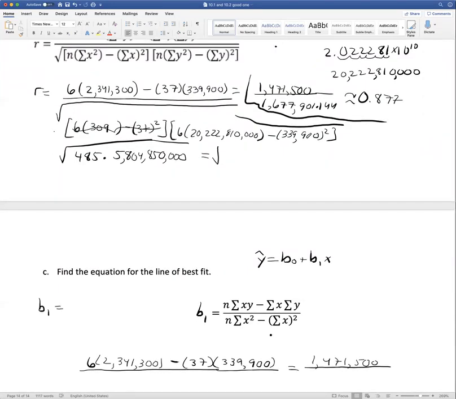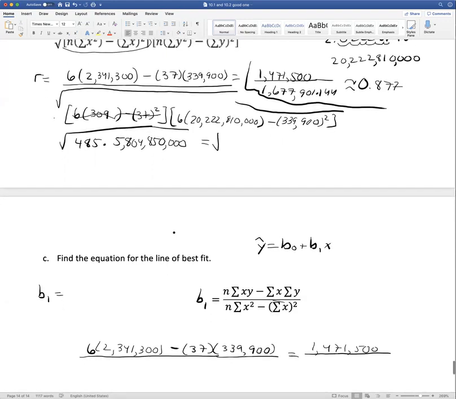Now the denominator should look familiar too. This value over here in the denominator is just the first value over here for Pearson's correlation coefficient. So it's n times sum x squared minus sum x quantity squared.